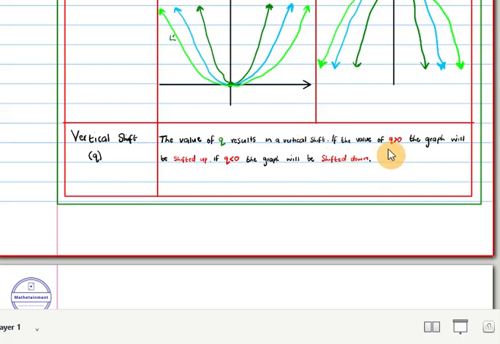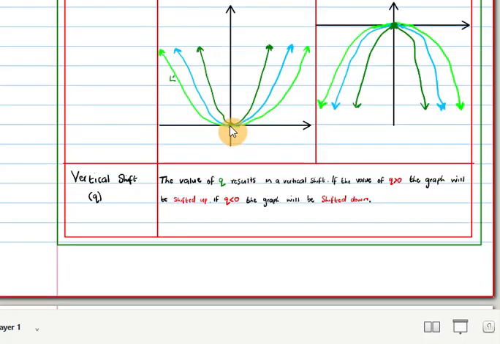So if the value of Q is greater than 0, that means the graph will shift upward. And if the value of Q is less than 0, that shows that your graph will shift downward. So when Q is positive, your graph is shifting, because here, this is the mother graph. You see here, it is at the point where Q is equal to 0.